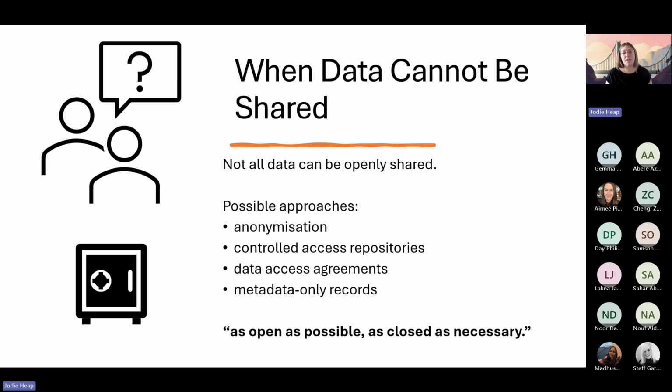Okay, so that comes with data access agreements and metadata-only records. So sometimes we want it to be findable, but not necessarily immediately accessible. And then we have professionals who can make that decision on request of another researcher to have access to that material. So it just depends on what you have, what is available, and what type of research you've done. If you have any data, come and have a chat with me and we can figure out the best path forward.